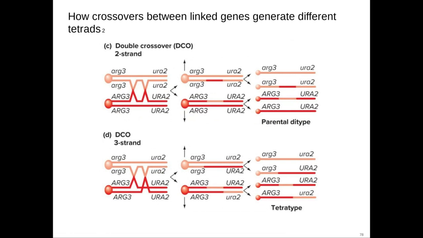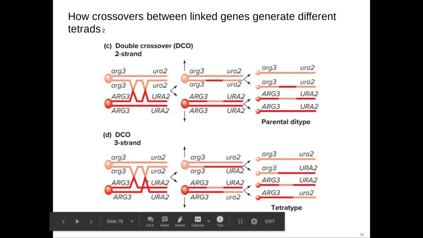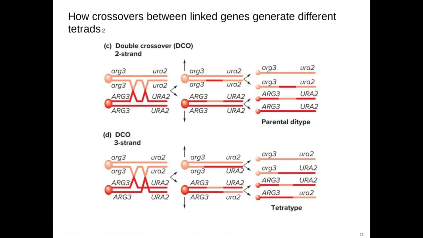We can also look at double crossing over, or DCO, where there's 2-strand double crossing over, or 3-strand, which is rare but still occurs. But again, with a double crossover event, we're producing the parental ditype, because we had a double crossover, but nothing meaningful was exchanged in terms of swapping genotypes.